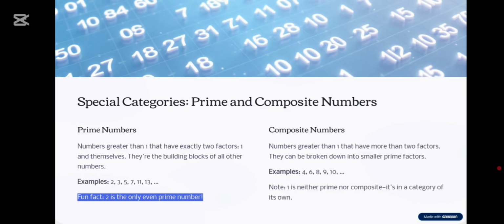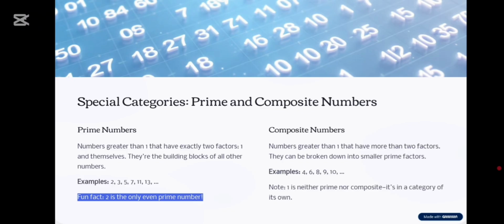It's different from odd numbers. We've said that odd numbers are numbers that leave a remainder when divided by 2. But prime numbers only have 2 factors, 1 and the number itself.